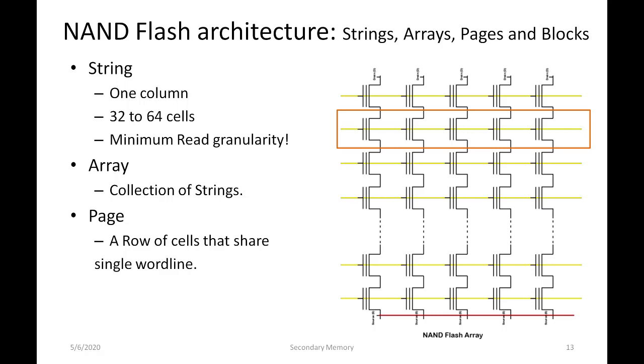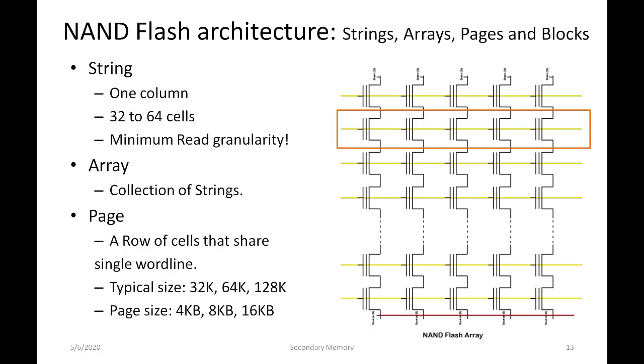So they form a page. Typical page sizes are 32K cells to 128K cells. It means that the page size is somewhere between 4 kilobytes to 16 kilobytes.